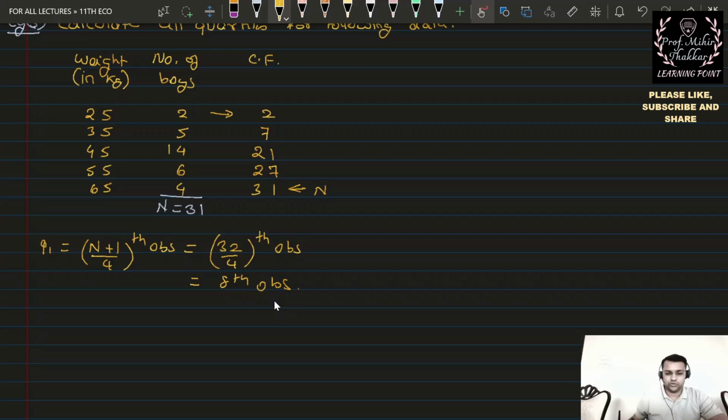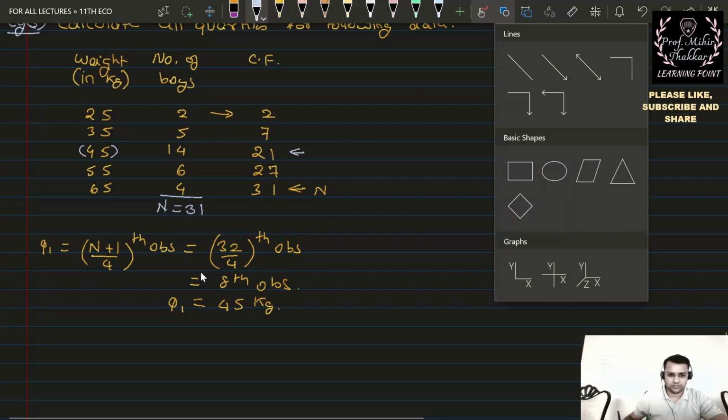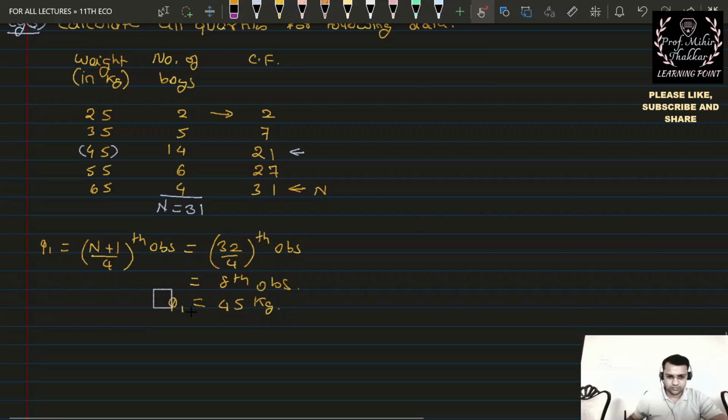So friends, you have to just search for a cumulative frequency greater than 8, which over here is 21. So the answer corresponding to 21 is 45. So I can say that this is equal to 45 kilograms, which is the required value for Q1. All right, so that's the first answer that we have got.